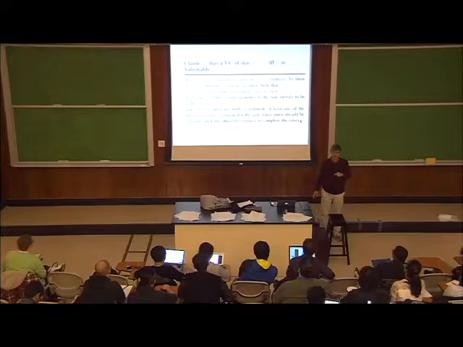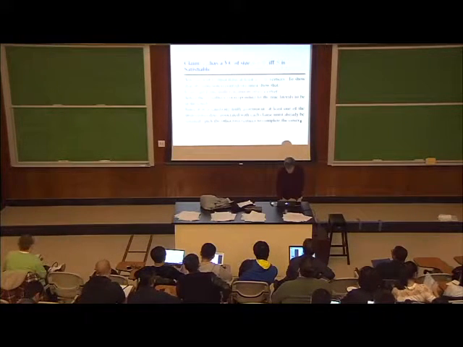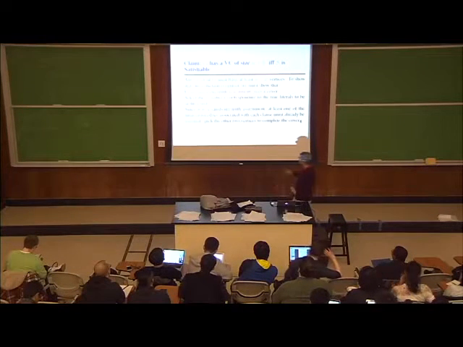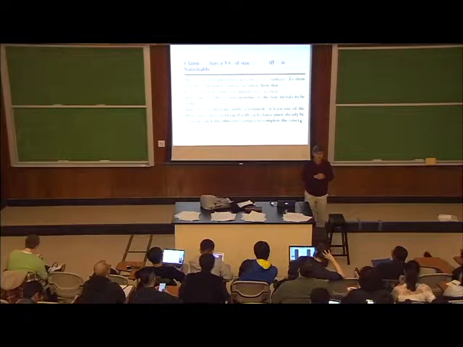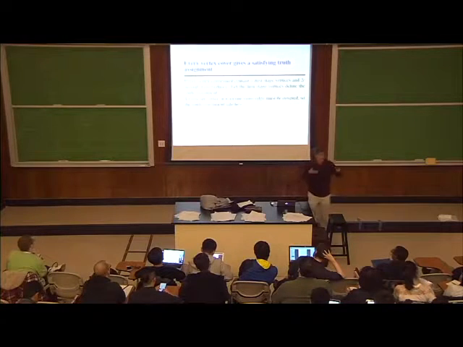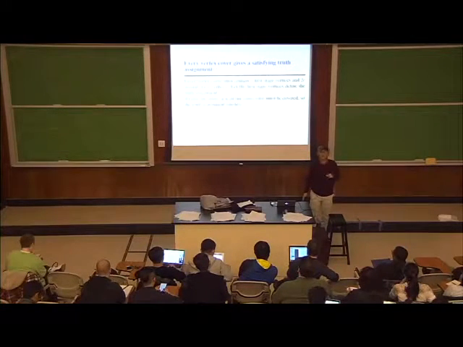Let me say that again because it looked like I was weaseling out of something. I prove here that every time I have a satisfying truth assignment, if the thing was satisfiable, then there is a cover of this size. And I'm then going to show that whenever there is a cover of this size, the thing is satisfiable.